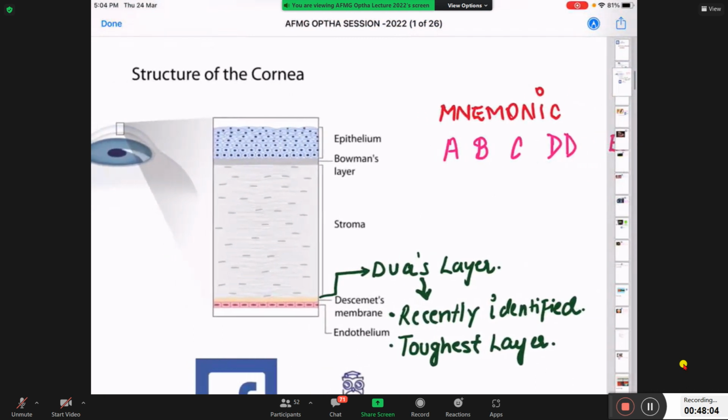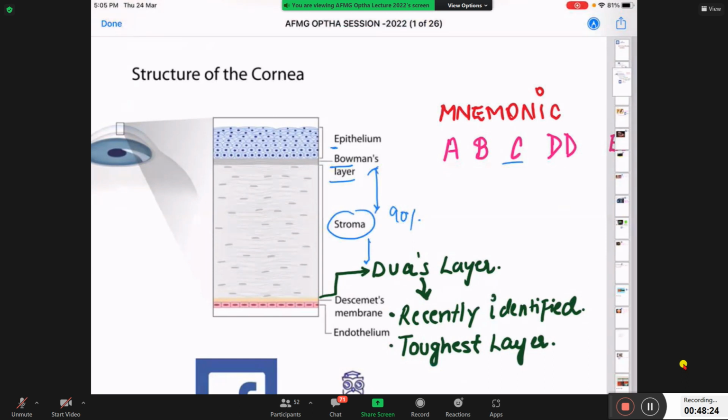The mnemonic was A, B, C, D, E, where outermost was anterior epithelium, right? Then comes your Bowman's layer, second layer. Then comes your stroma, right? As I told you, stroma constitutes 90% of the corneal thickness, so this is your thickest corneal layer.